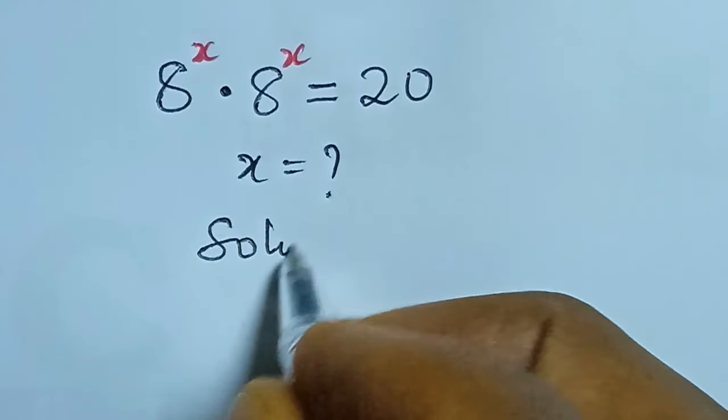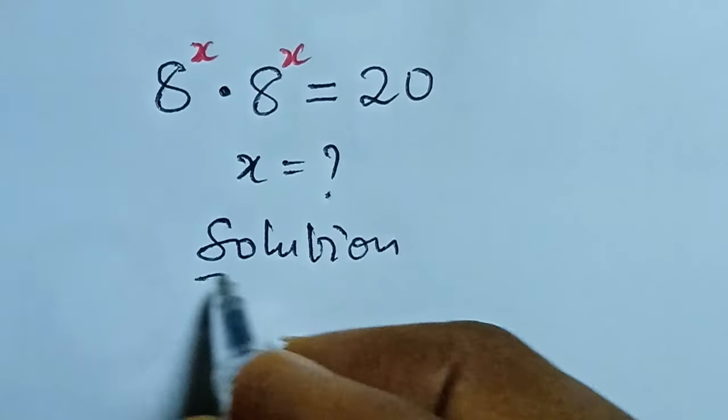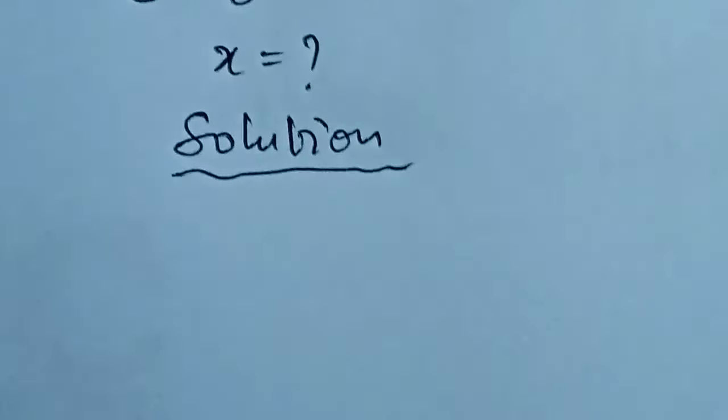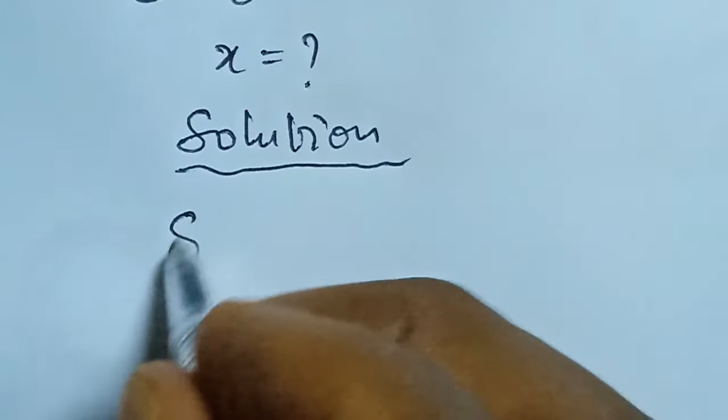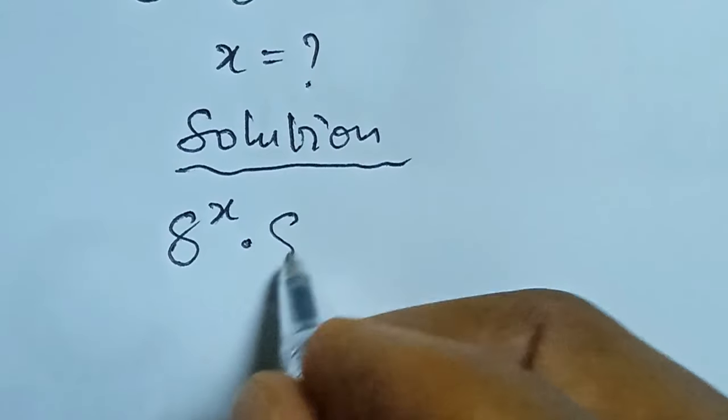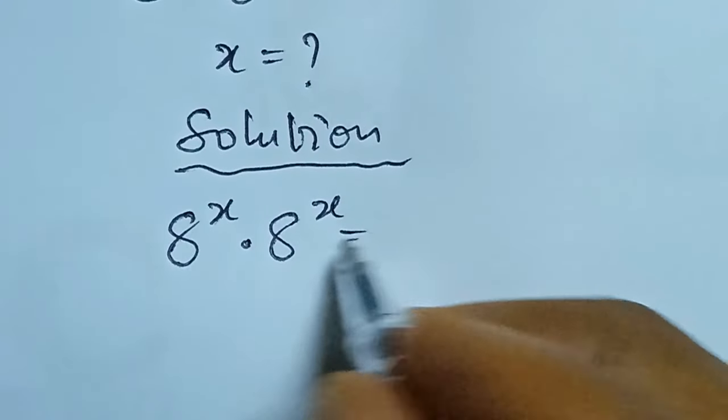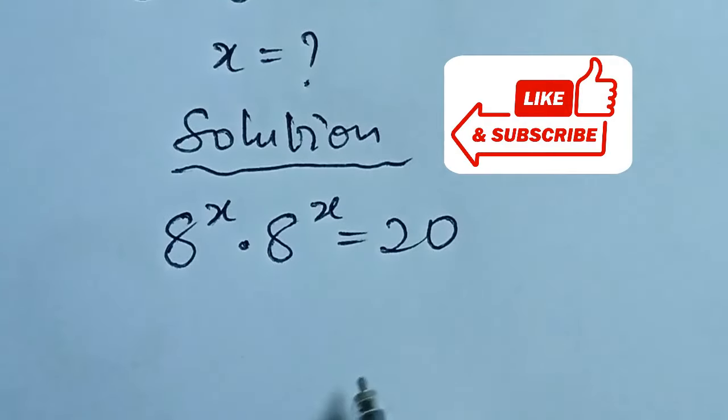Solution. From our question, 8 to the power of x multiplied by 8 to the power of x equal to 20.